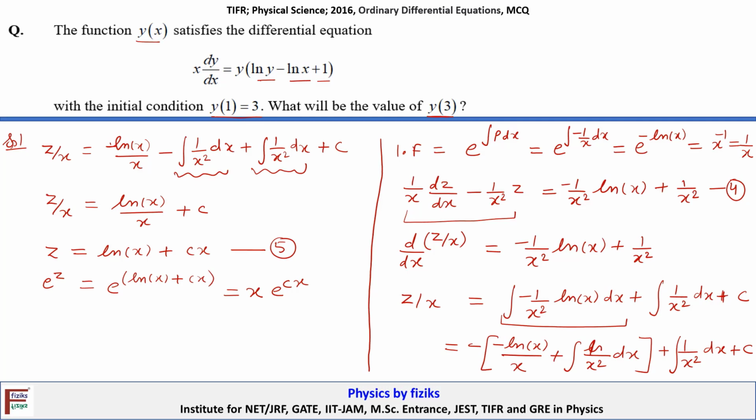Now from here we can write y is equal to x into e to the power c into x.